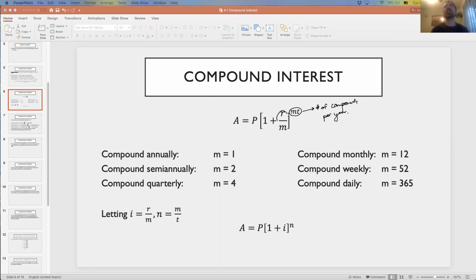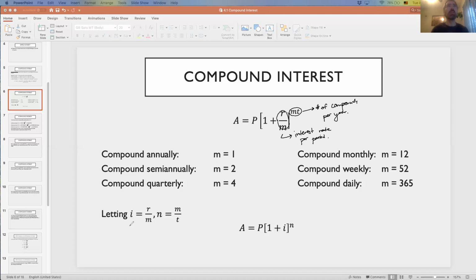And then the rate divided by M, that is the interest rate per period. So we're dividing the rate by the number of periods that we have in each year.